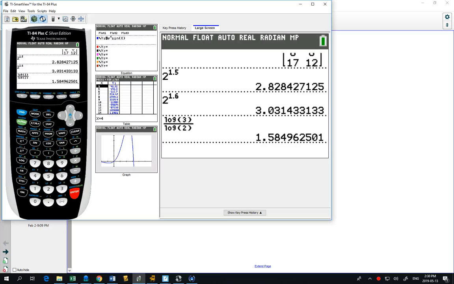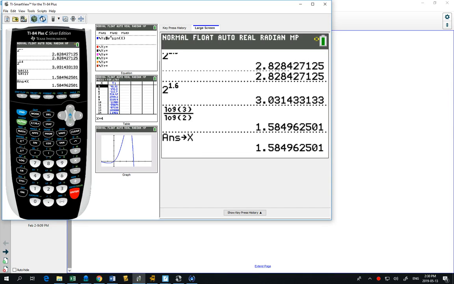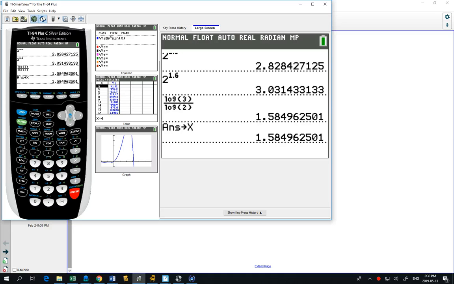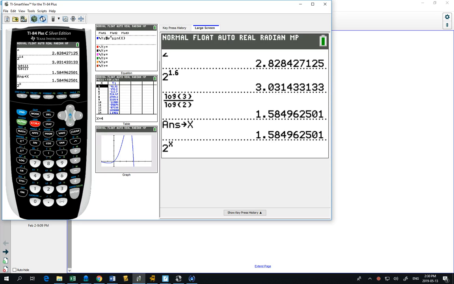And the really nice thing about exponential equations is after you find your answer, I suggest you hit the store button and store it as x, and then use that value of x to check if you're right. What was the original question? 2 to the x equal to 3. If I do 2 to the x and push enter, is it equal to 3?